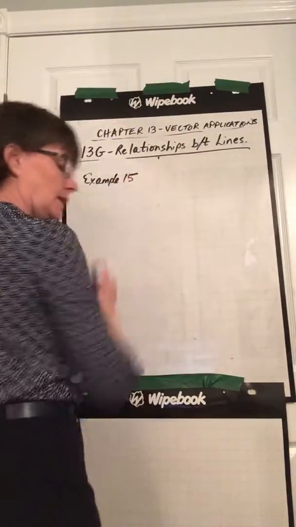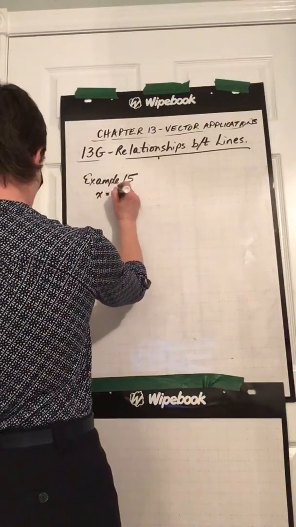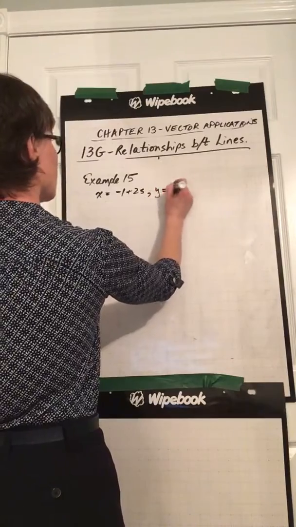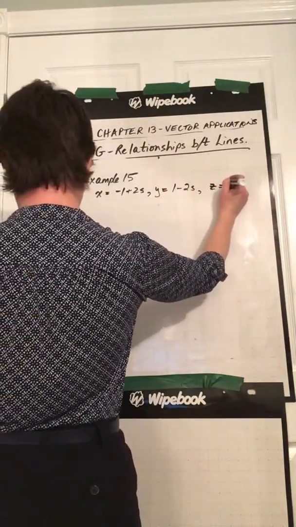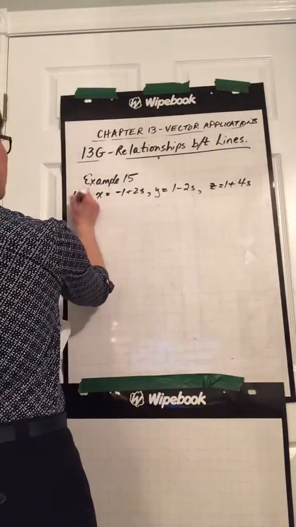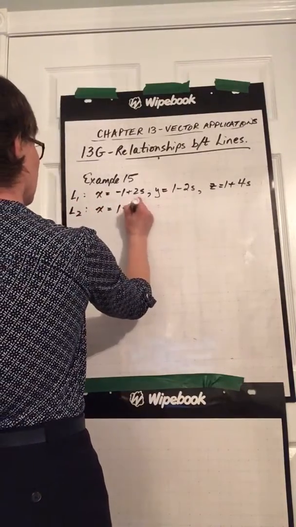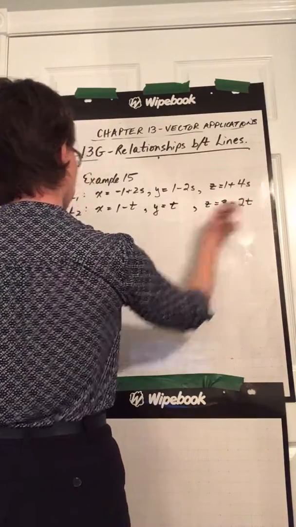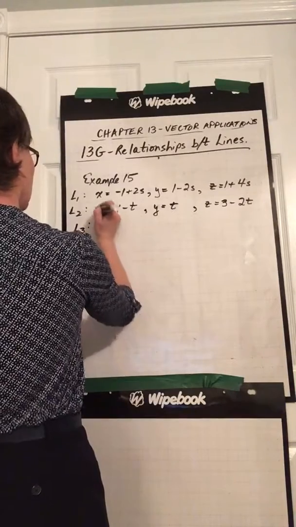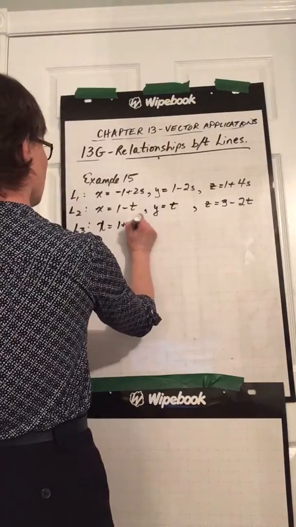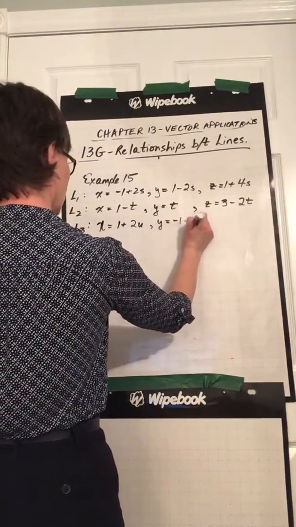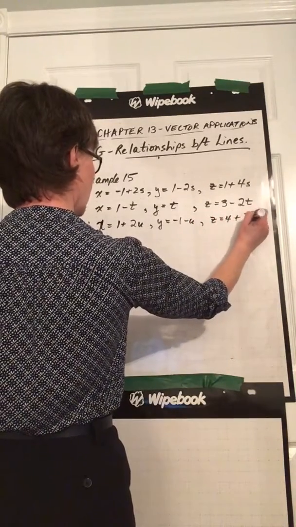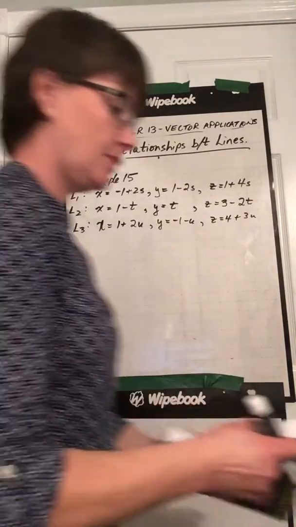Example 15 from your textbook gives us three lines: line 1, line 2, and line 3, so three lines in 3D. Show that lines 2 and 3 intersect and find the angle between them.